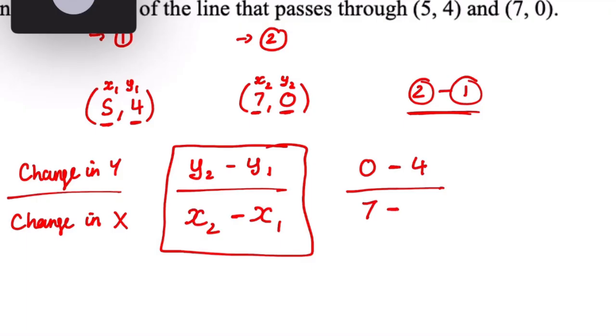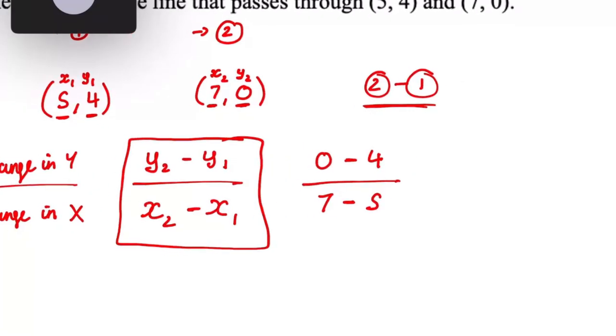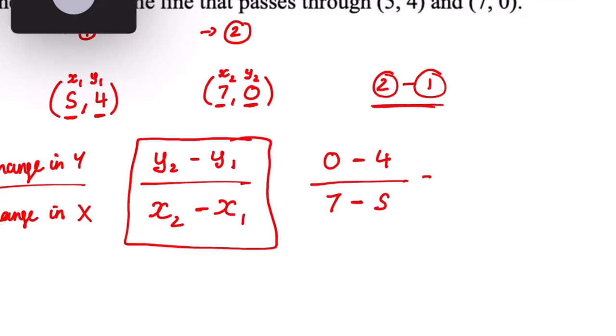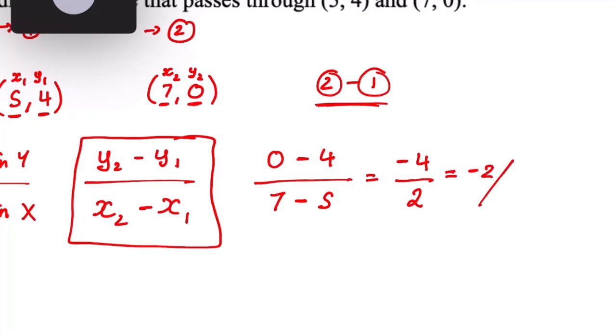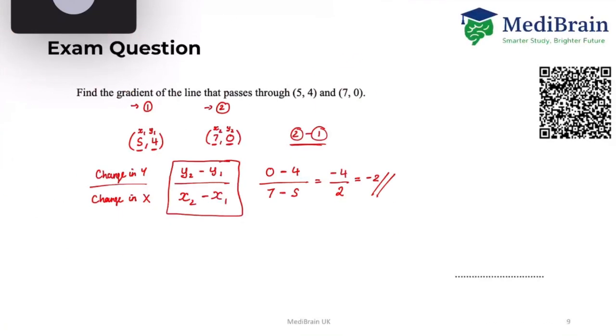So 7 subtract 5. Now 0 subtract 4 will get you negative 4. 7 subtract 5 will get you 2. Negative 4 divided by 2 will get you negative 2. So that should have been your gradient for this question.